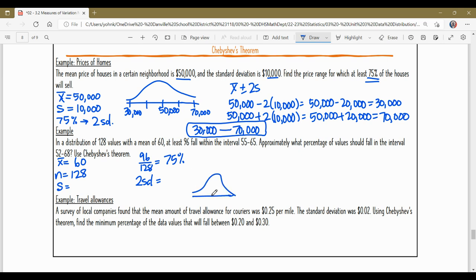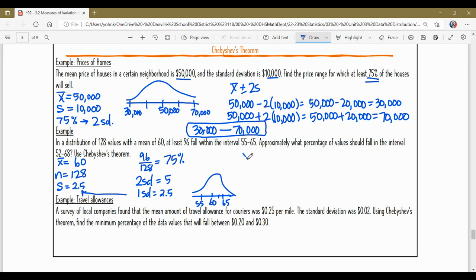If I put my mean in the center 60, this 55 to 65 is supposed to be 2 standard deviations. So that means 2 standard deviations is a distance of 5 from 60 to 65, which means 1 standard deviation is going to be 2.5. That's how we can figure out that our standard deviation is 2.5.